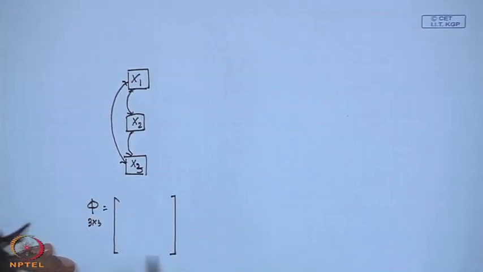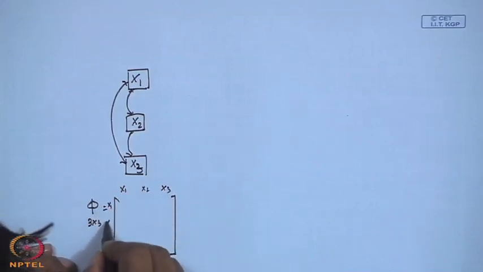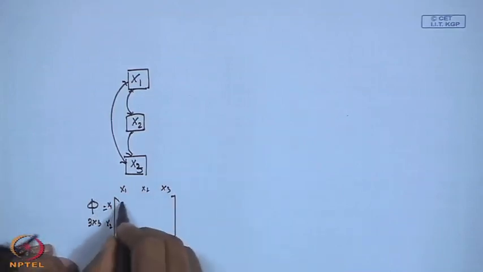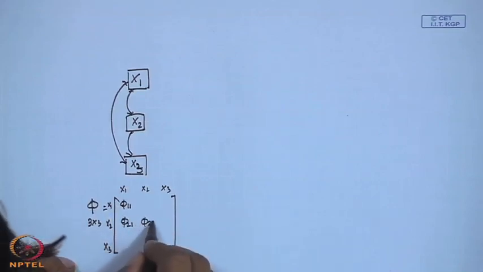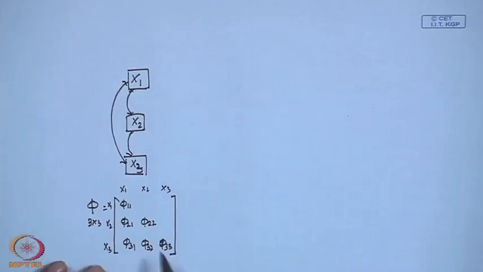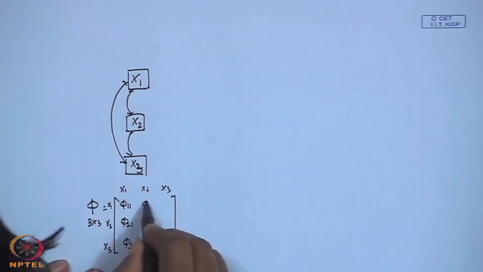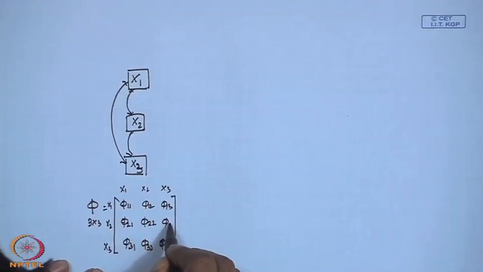We can write x1, x2, x3 against x1, x2, x3: phi 1 1, then phi 2 1, phi 2 2, then phi 3 1, phi 3 2 and phi 3 3. Definitely this is a symmetric matrix, so phi 1 2 is equal to phi 2 1, phi 1 3 is equal to phi 3 1, and phi 2 3 is equal to phi 3 2.